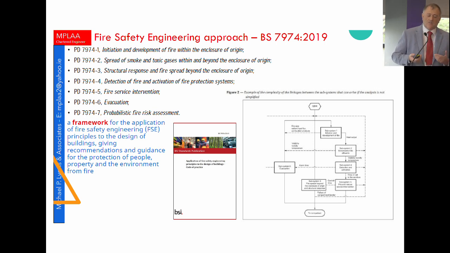So what it actually does is that you've got the basic code, and then there's 8 published documents. And these 8 published documents address some very basic issues to do with the initiation and development of the different fires that could occur in the cells within the building. There's a published document for that. There's the published document for the spread of smoke and toxic gases from the room of origin that might travel through the building.